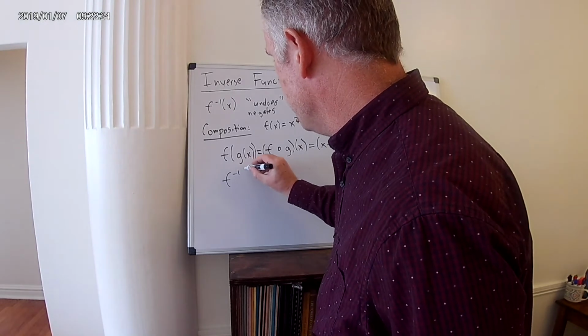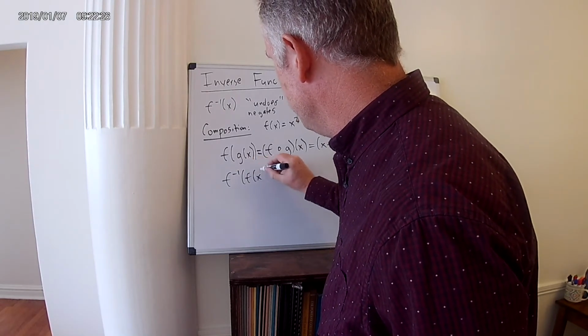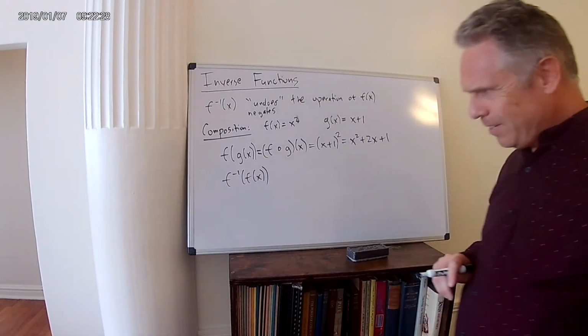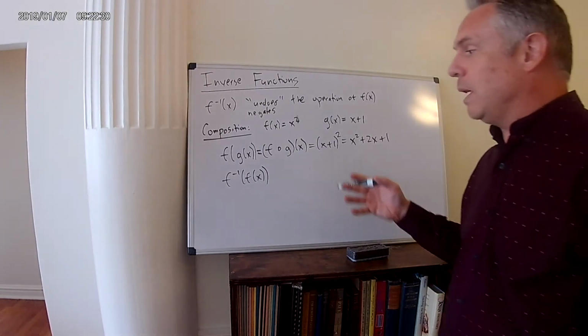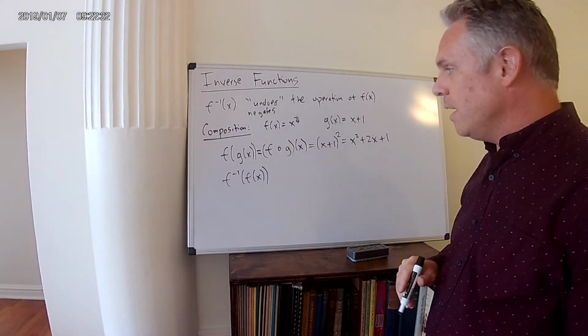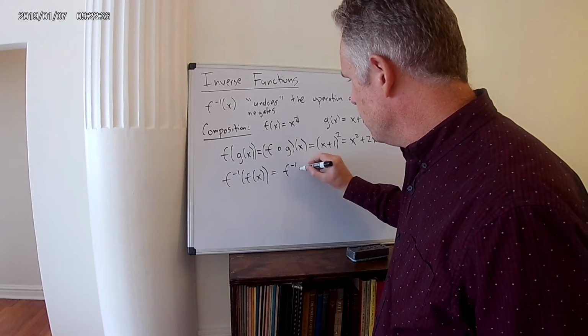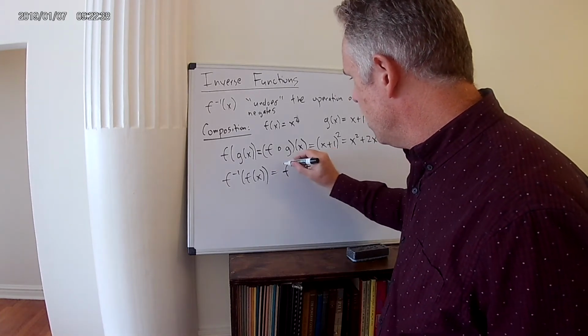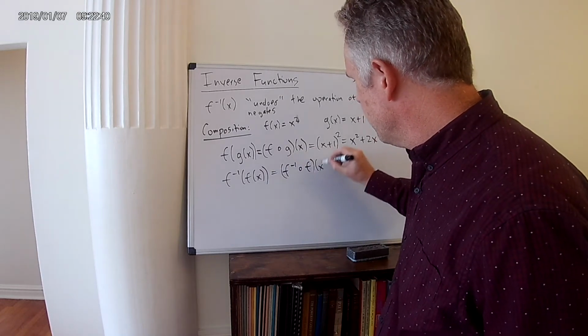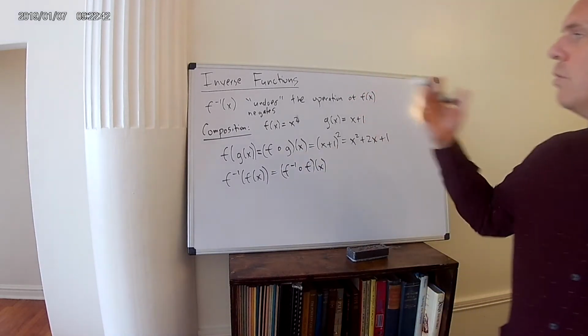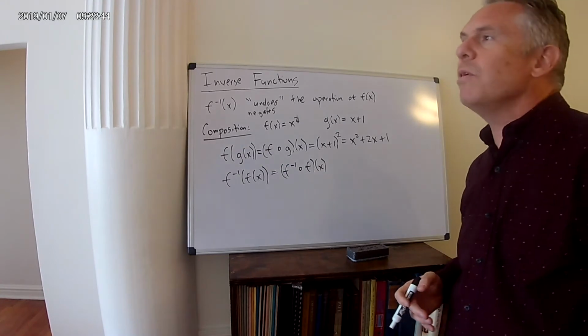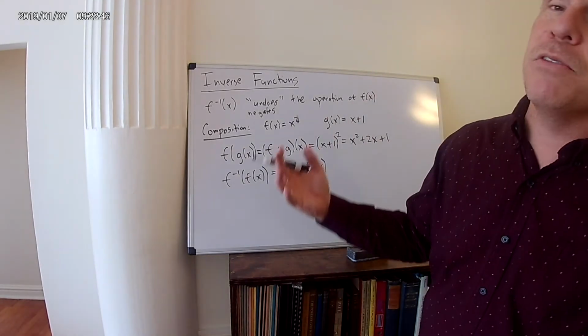do the inverse function composed with the function itself, in other words, we take a function and then we apply the inverse to it, okay? This can be written as f inverse composed with f of x. In other words, what if we do f of x and then we do the inverse of that right after that?